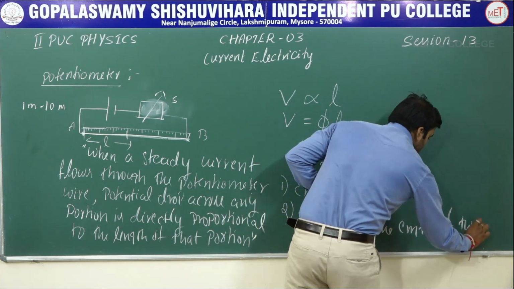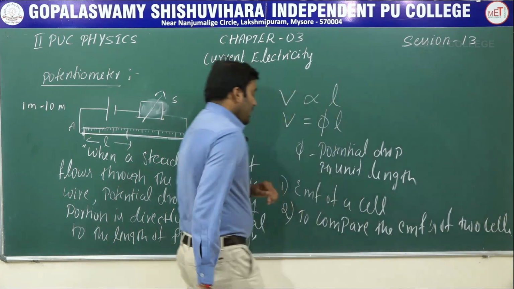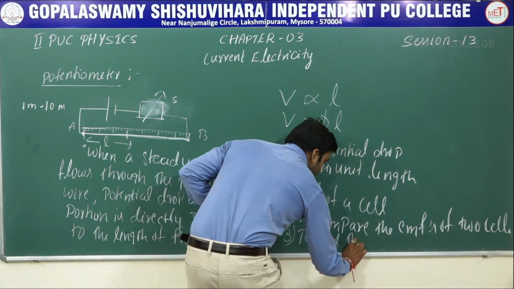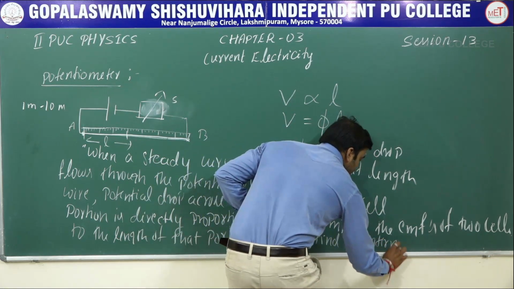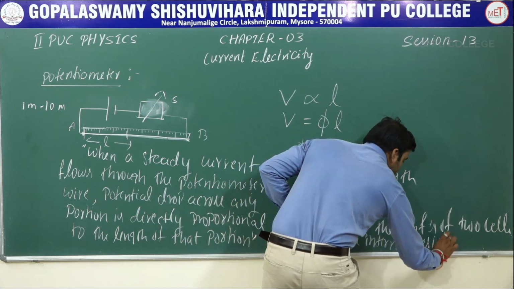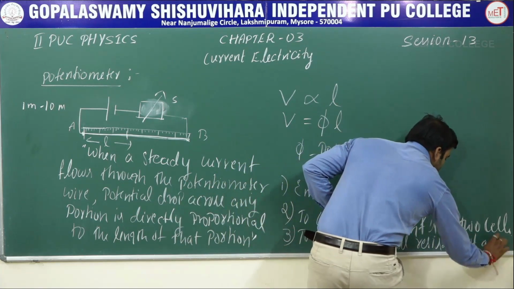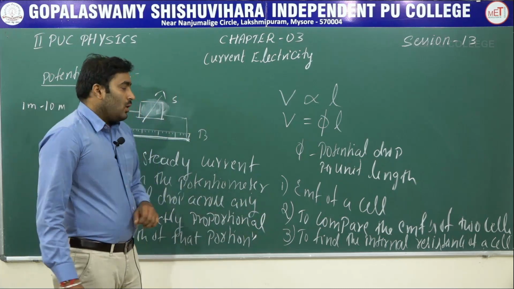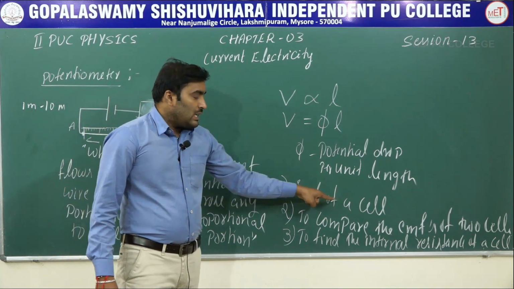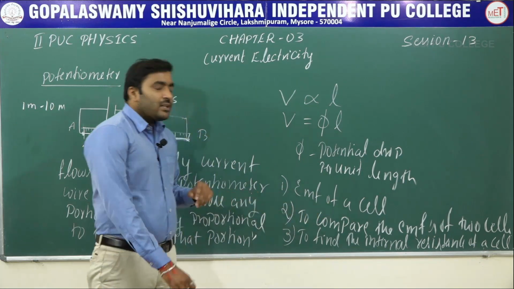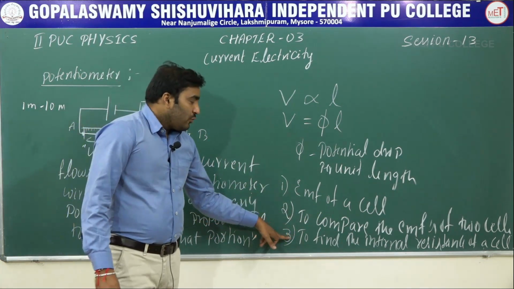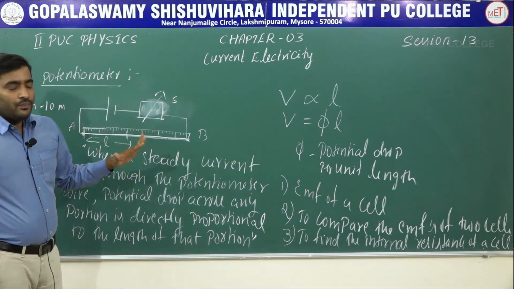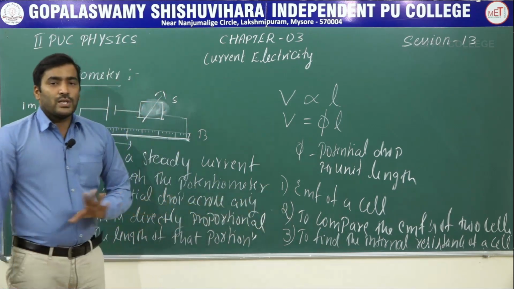The third one is to find the internal resistance of a cell. So these are the three main applications of the potentiometer: to find the EMF of a cell, to compare the EMFs of two cells, and to find the internal resistance of a given cell.